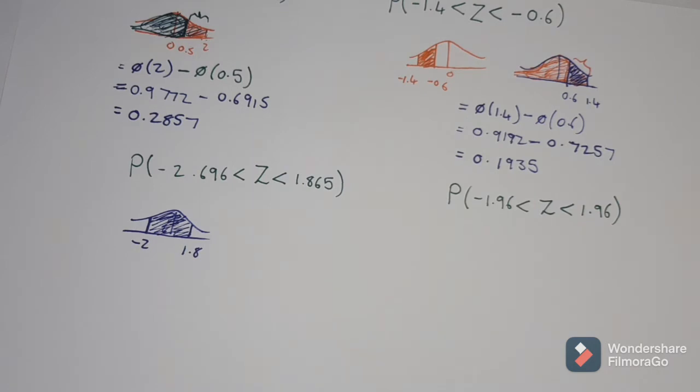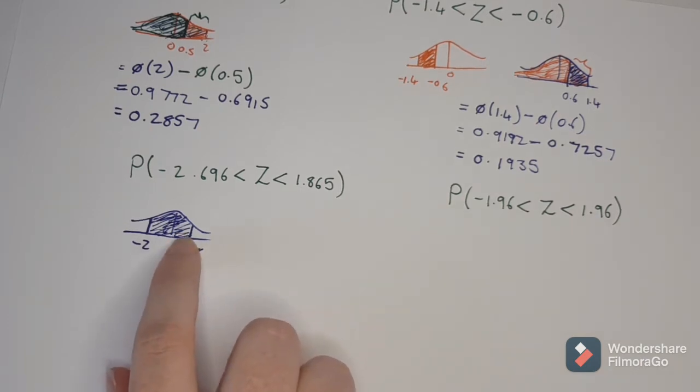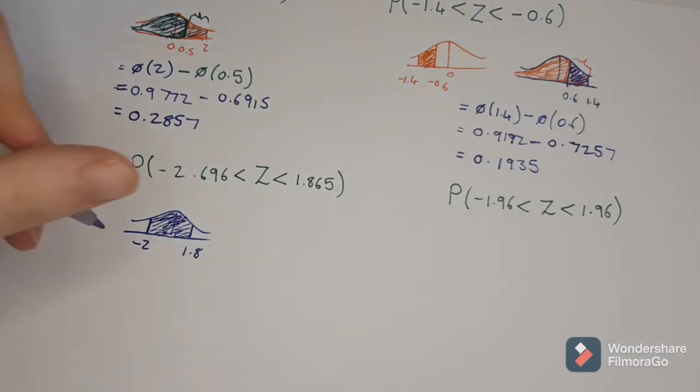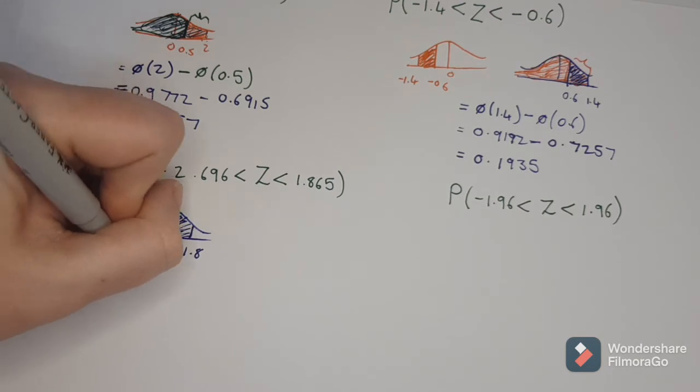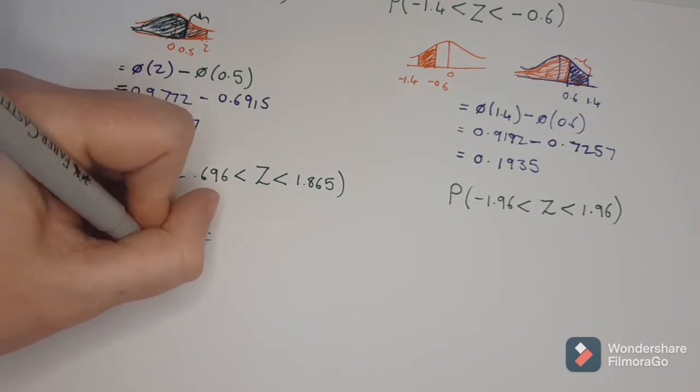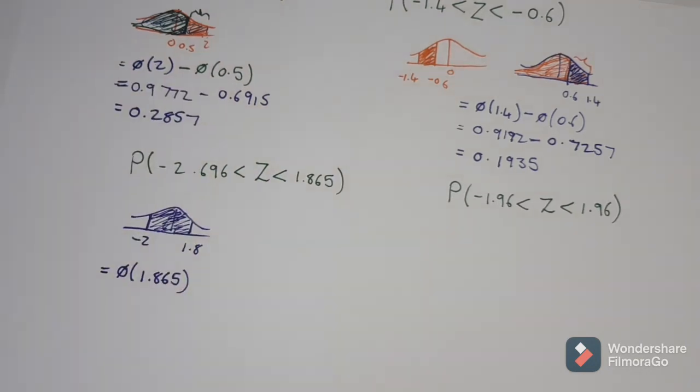Okay, so now if I read for my 1.865, that's positive, and that area is going to the left. So it means I'm going to read off my curve my value for 1.865.